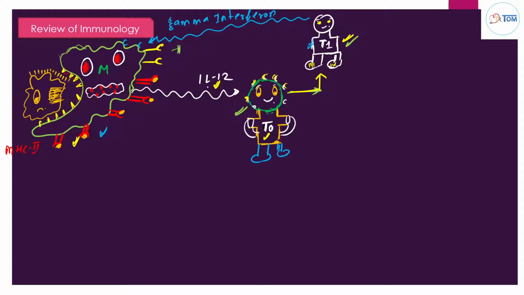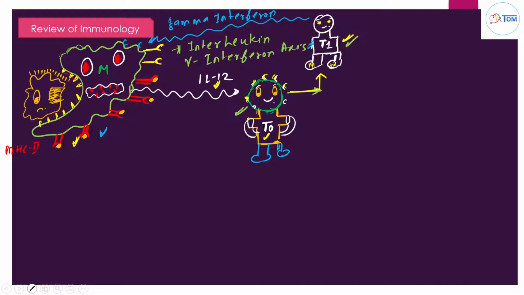It is because of interleukin 12, which activates T0 into T1, and this T1 then releases the gamma interferon. So this is why it is also called the interleukin gamma interferon axis. This entire pathway, right?